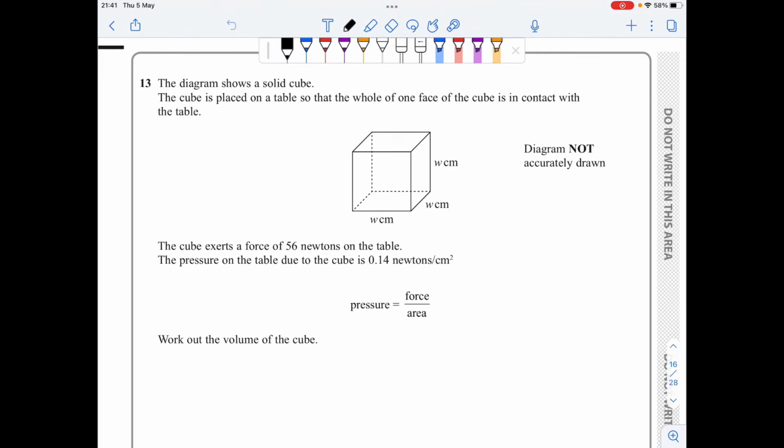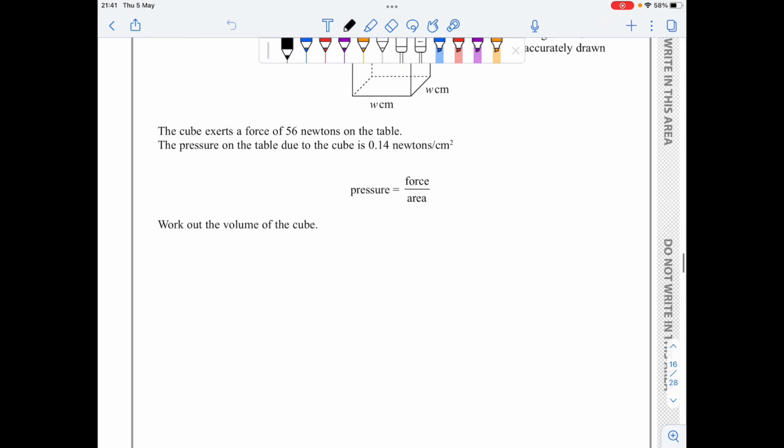For question 13, I'll start by using the given formula. Pressure is equal to 0.14. This is equal to the force, which is 56, over the area. So if I rearrange this one, area is equal to 56 over 0.14, which will give me 400 centimeters squared.